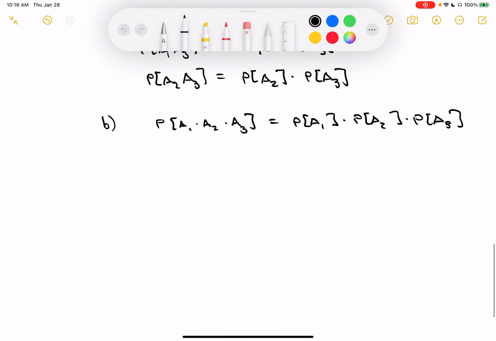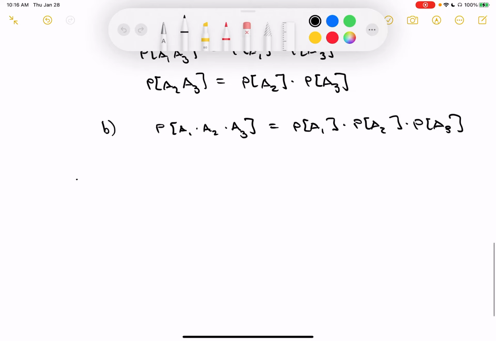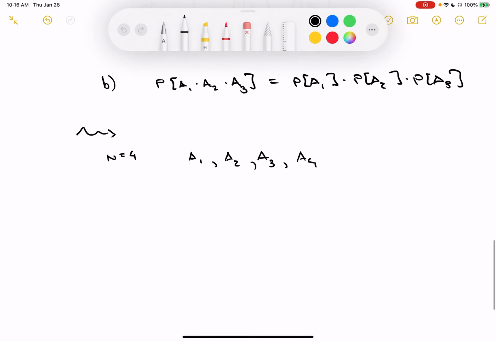Think about what this would mean for something like having n equaling 4. If I looked at n equaling 4, I'd have A1, I'd have A2, I'd have A3, right? And I'd have A4. To show that those things are independent, I'd have to show that any group of 3 is independent, right?